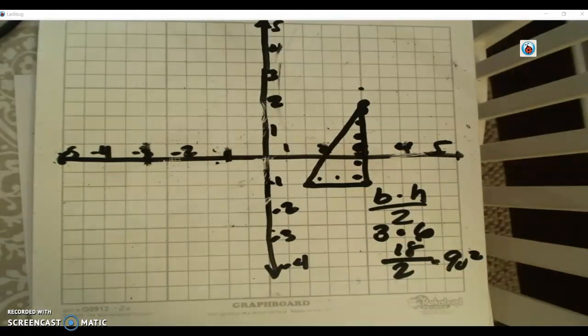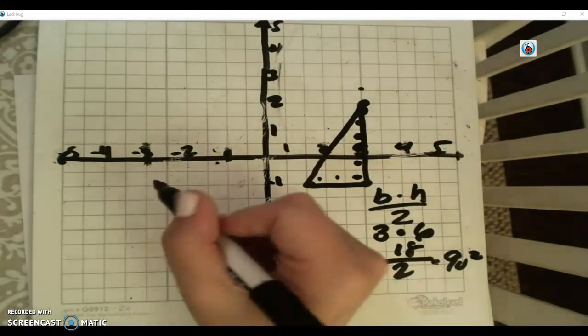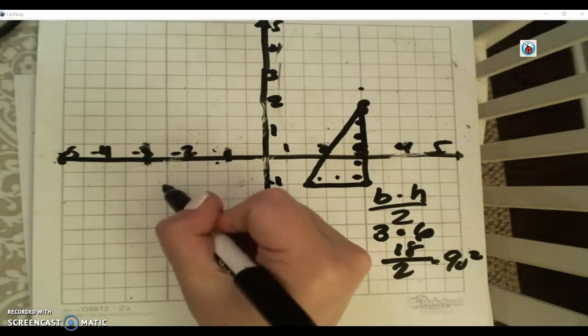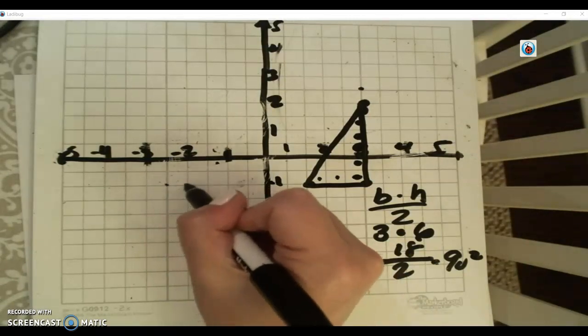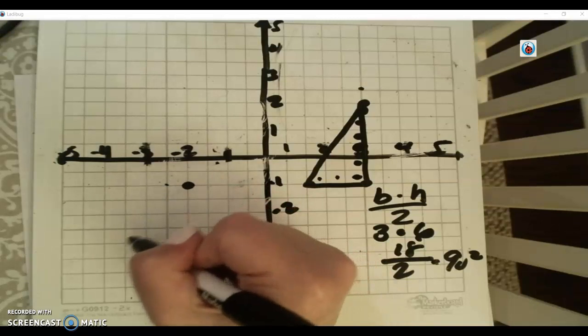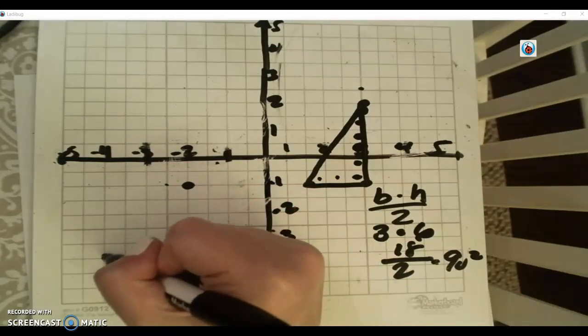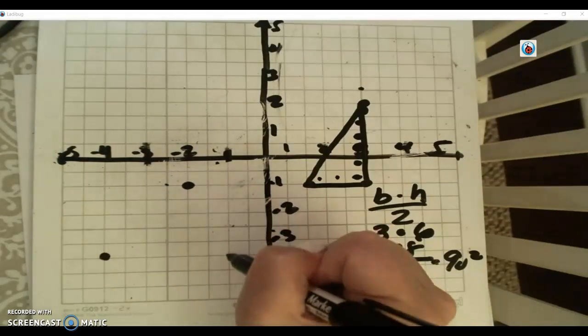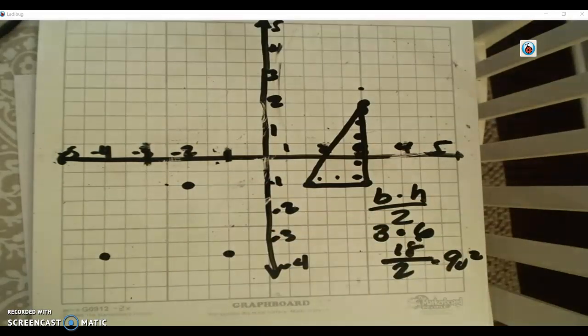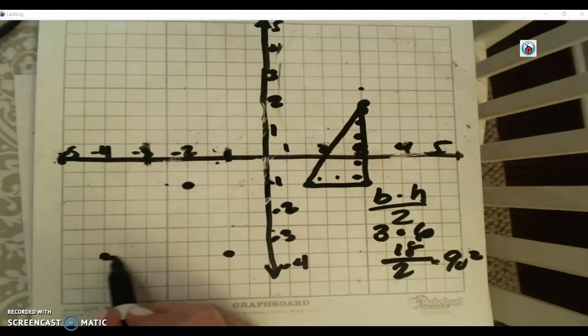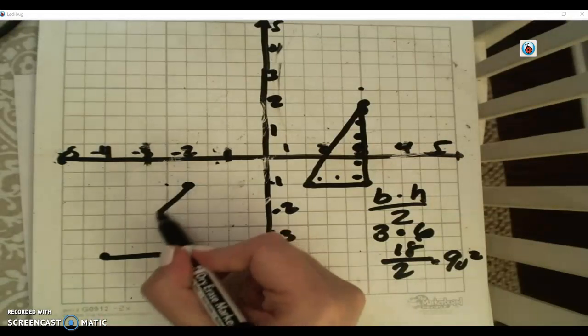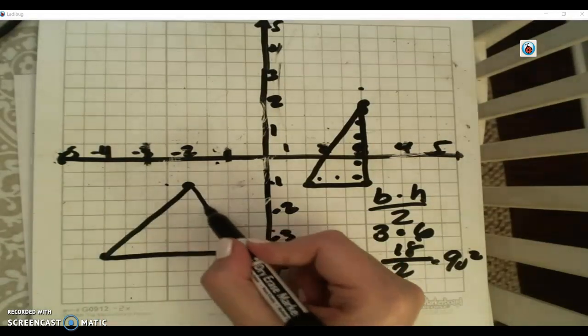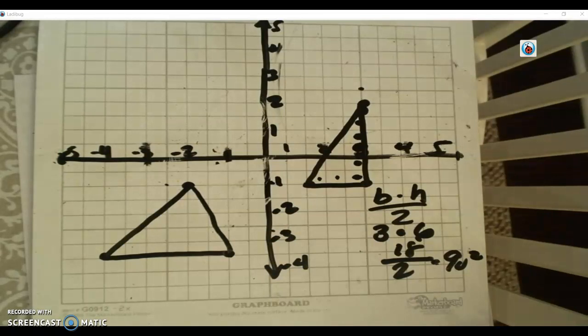Sometimes it won't be that perfect. I'm going to show you right here. I'm going to do a point right here, and a point here, and a point right here. So when I'm connecting them, you can see that there is no straight line, right?